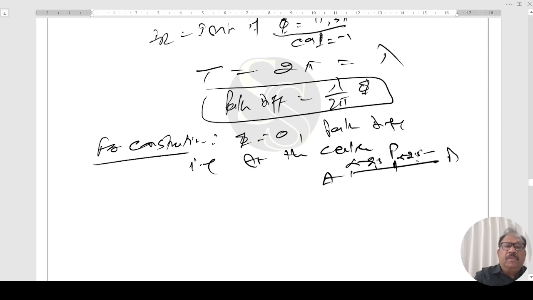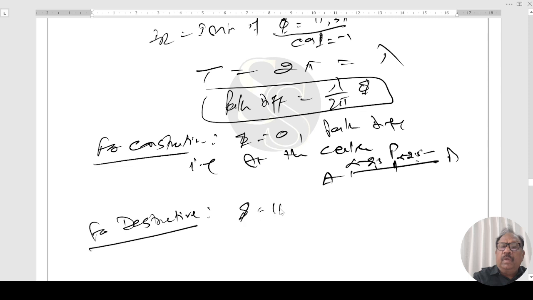For destructive interference, phi should be equal to 180 degree. Then path difference should be equal to lambda upon 2 pi into pi.